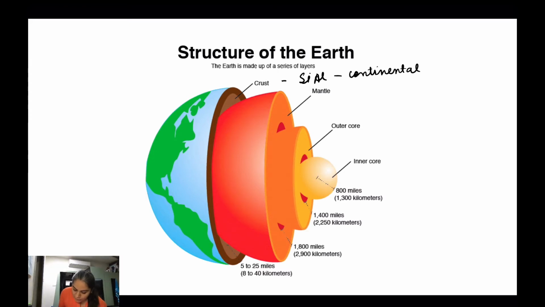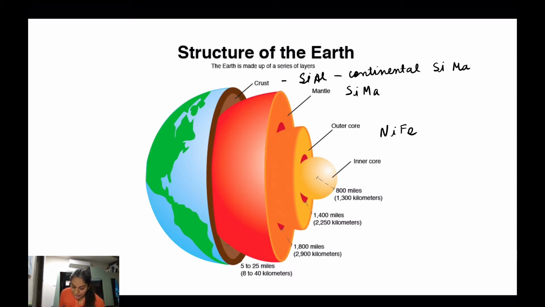Then the oceanic crust is made of Sima, which is silica and magnesium. Mantle is also made up of the same Sima. And the core generally is made of nickel and iron, so that forms Nife. So Sial, Sima and Nife, these are the three things that we need to remember.